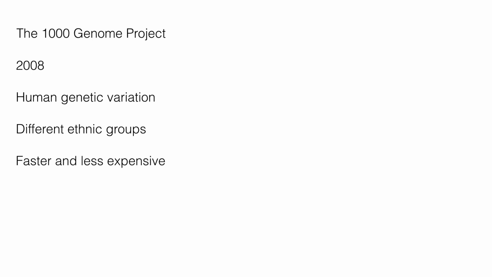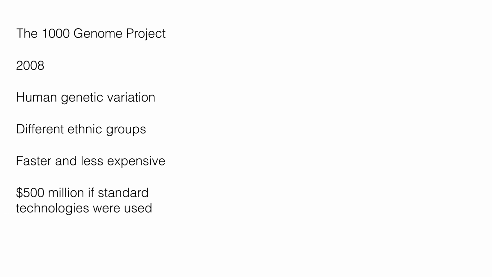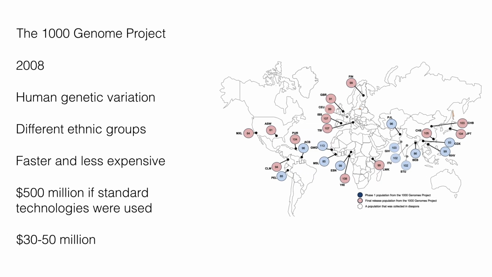Scientists planned to sequence the genomes of at least 1000 anonymous participants from different ethnic groups within the following years, using newly developed technologies, which were faster and less expensive. It has been estimated the project would cost more than $500 million if standard DNA sequencing technologies were used. Therefore, several new generations of technologies were applied, lowering the expected costs to between $50 and $30 million.